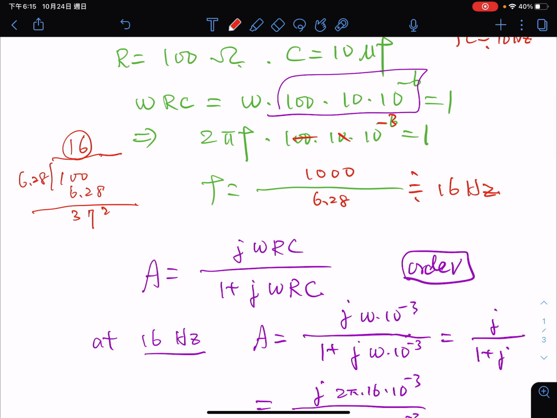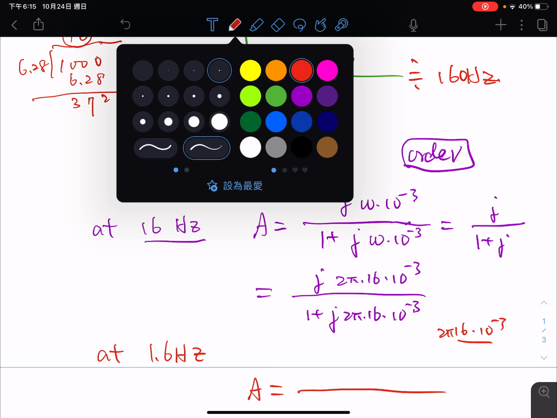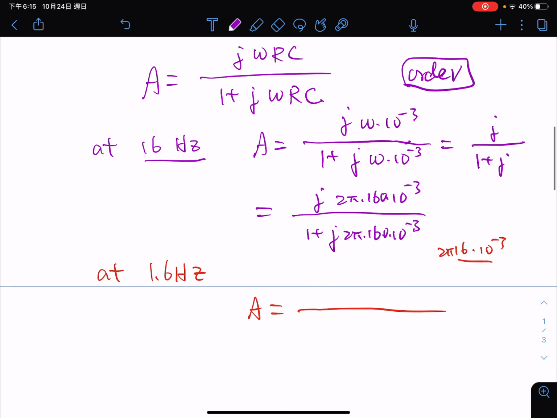This should be 160 hertz. Sorry, I made a mistake here. So it's 160 here.